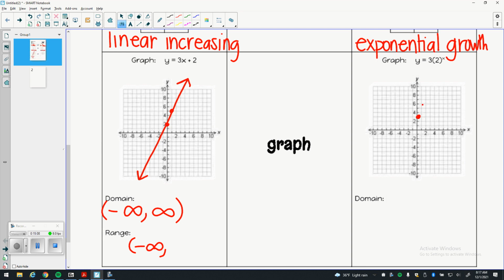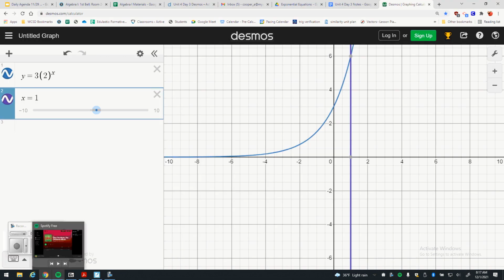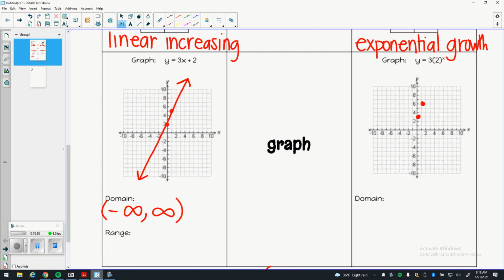1, 6. Now, kiddos, there's one thing that I want to make sure you really understand. Remember how I said it kind of tails off yesterday? Does this one tail off somewhere? What number does it not go under? It doesn't go down here at all, right? So when you graph it, you need to try your best not to cross that x-axis.